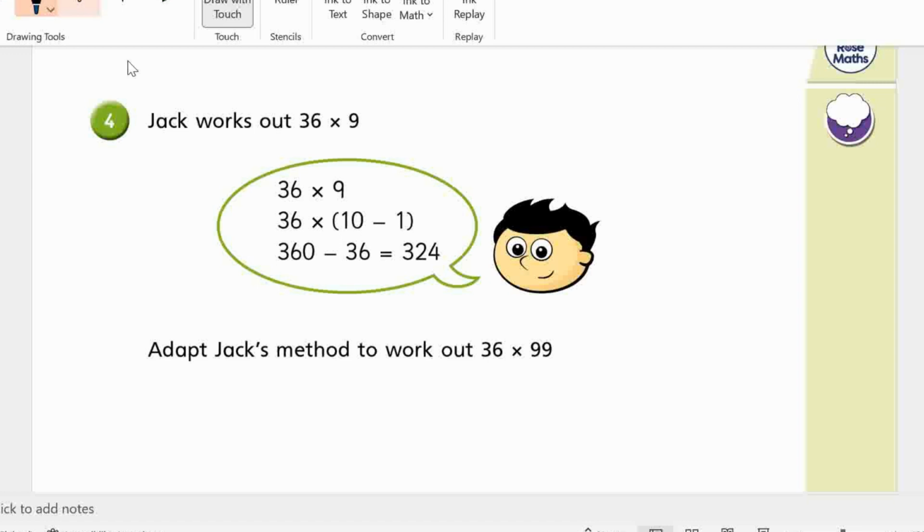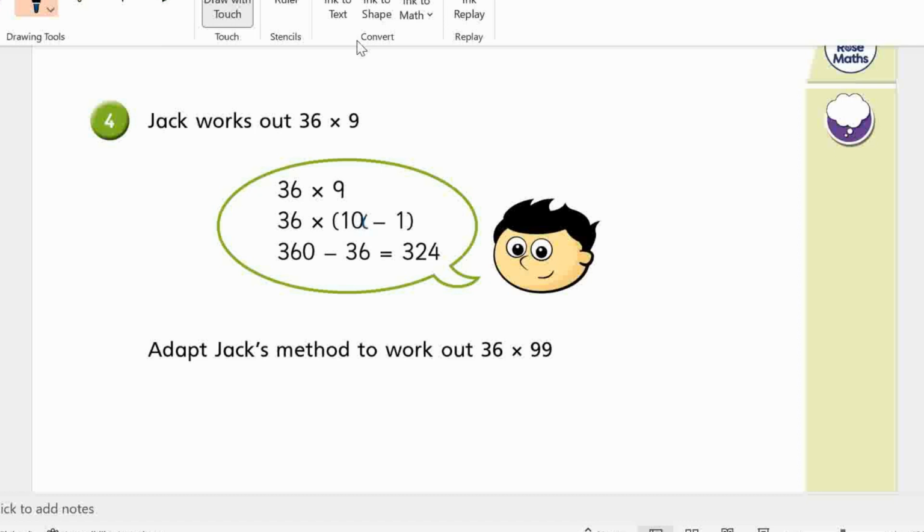Jack works out 36 times 9. 36 times 10 minus 1, so 360 minus 36 equals 324. We have to adapt Jack's method to work out this one. What we can do is instead of 99, we can do 100.